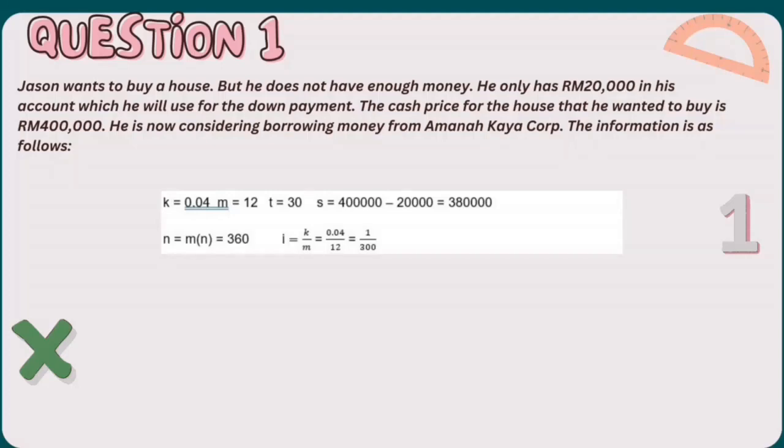The information is as follows: k equals 0.04, m equals 12, t equals 30, S equals 40,000 minus 2,000 equals 38,000. n equals m times t, so n equals 360. i equals k over m equals 0.04 over 12 equals 1 over 300.